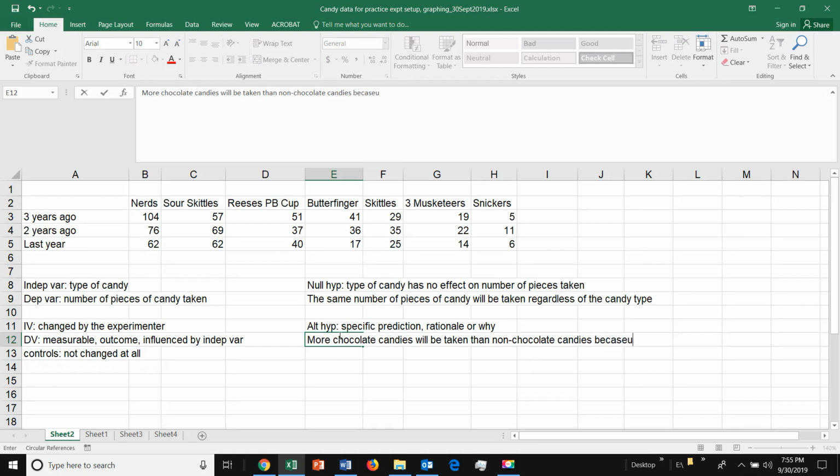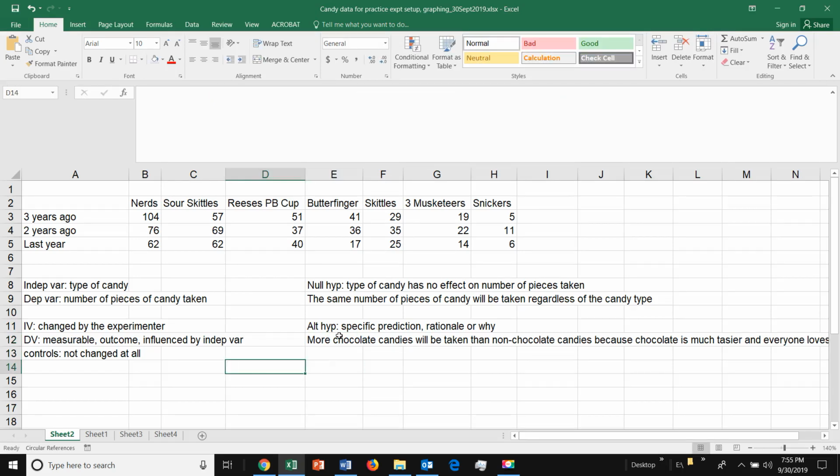Here is the critical because, indicating that we're now entering the rationale section: because chocolate is much tastier and everyone loves chocolate. Or I could have just said, because I like chocolate better.